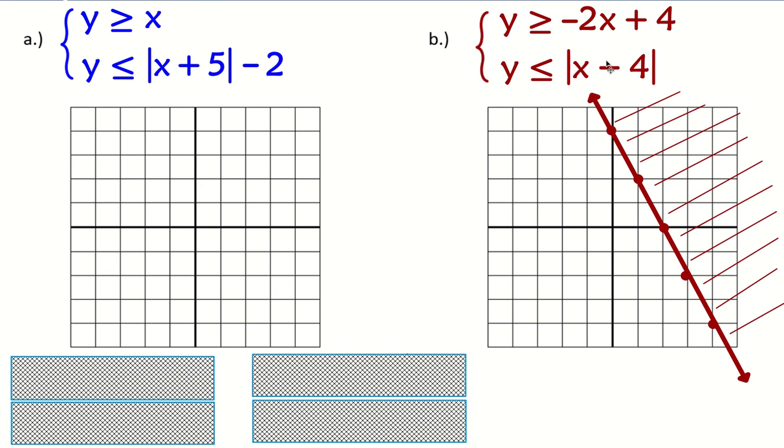When you compare this to the original plain old parent function, the only thing we're tossing in here is a -4 inside the absolute value, which is going to shift it to the right 4. Remember, if there was something after the fact out here, it would cause it to shift either up or down, depending on if it was a plus or a minus.